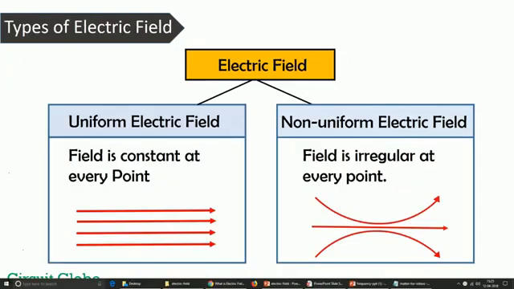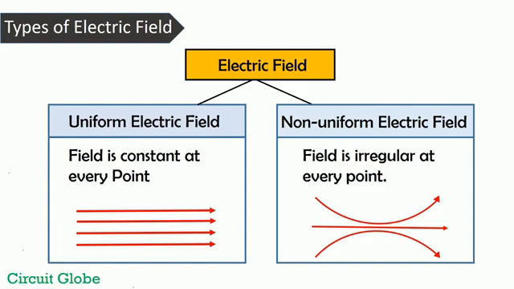The electric field is classified into two types. The first one is the uniform electric field and the second one is the non-uniform electric field. The uniform electric field is represented by the parallel line, and these lines are equally displaced from each other. When we are placing the charged particle in a uniform electric field, and if we are varying the position of that charged particle, so in every position the particle experiences the same force.